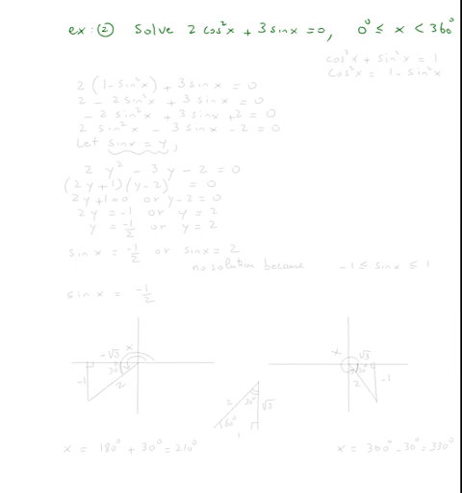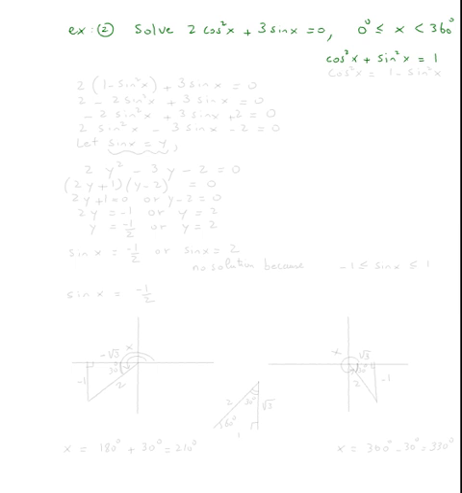We will use the identity cosine square of x plus sine square of x equal 1. We need to solve for cosine square or sine square. Now, since we have cosine square in the equation, we will solve for cosine square.